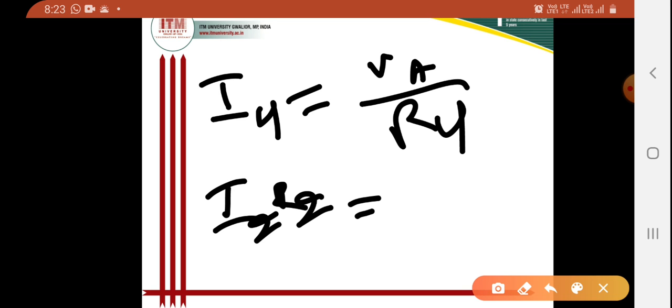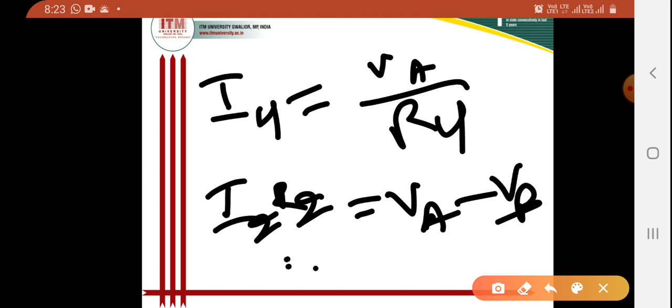So when I write I2 R2, that will be the difference between VA and VB. So I can write I2 R2 as VA minus VB, and obviously VA will be greater than VB. Yes or no? Clear?